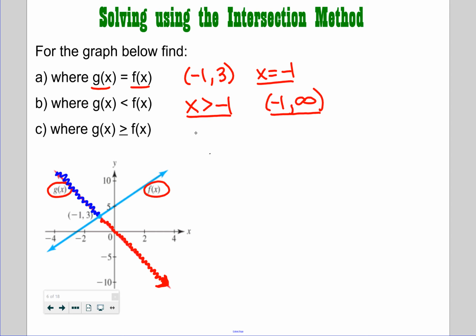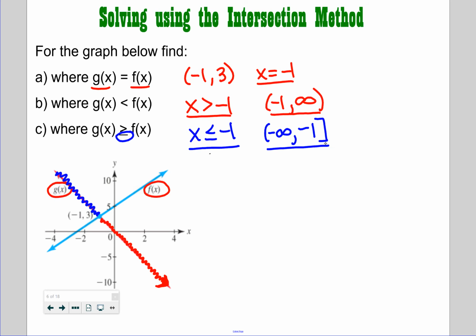So my solution is all the x values that are less than or equal to negative 1, because we're allowed to be equal to, where function g is above function f. To put that in interval notation, that would be negative infinity to negative 1. And again, because we're allowed to be equal to here, we use a bracket.